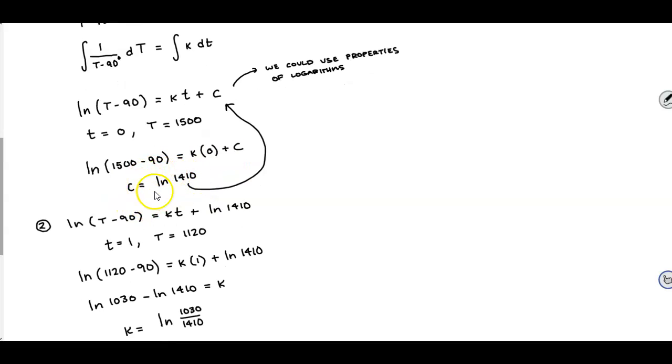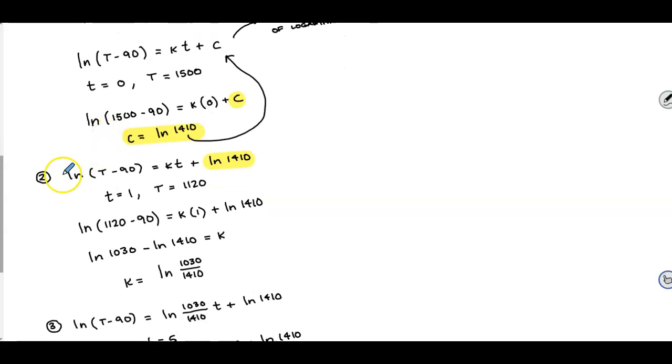So now we have c, and now we can replace the variable c with what we got here into step 2. So in step 2, we have the natural log of T minus 90, which is equal to k times t plus the natural log of 1410.